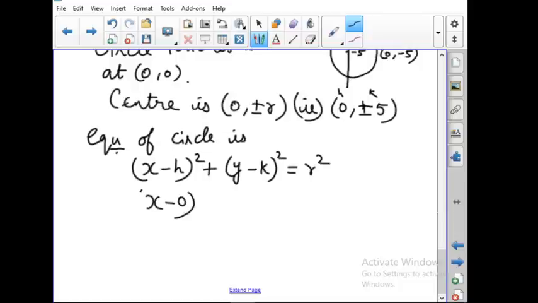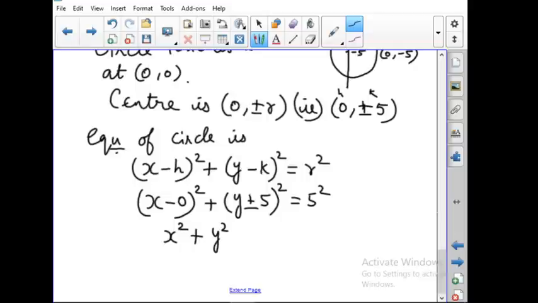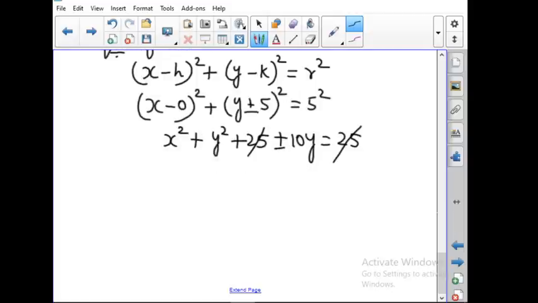So x minus 0 the whole square plus y minus k, we can write it as plus or minus 5, whole square is equal to r square, which is 5 square. So what will be your answer? x square plus, when you are expanding this using the formula, it will become y square plus 25 and then plus or minus 10y is equal to 25. Cancelling 25 on both sides, we will get the equation as x square plus y square plus or minus 10y is equal to 0, which is the required equation of the circle.